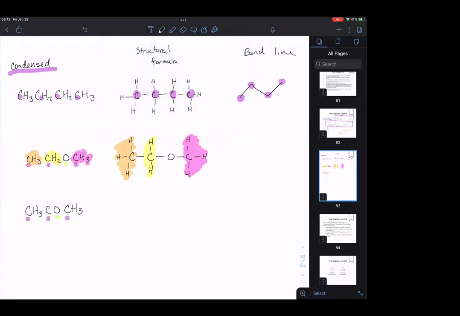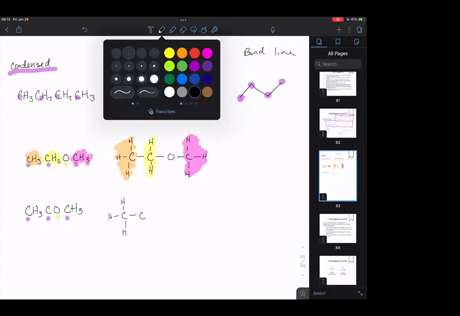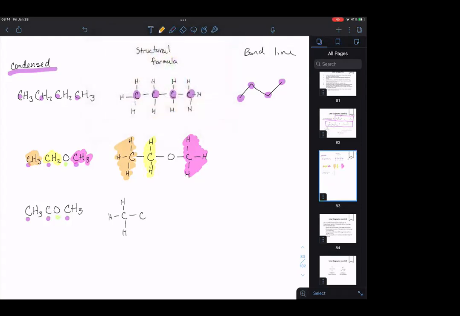If we go down here, we start off the same, right? So I'm starting off with a CH3. So that's that chunk there. I then have my next carbon here. Notice that this carbon does not have the correct number of bonds yet, right?